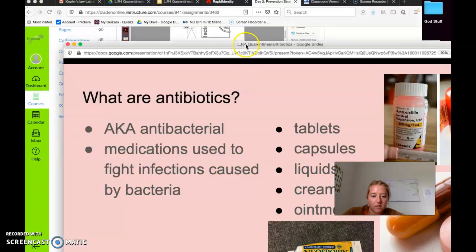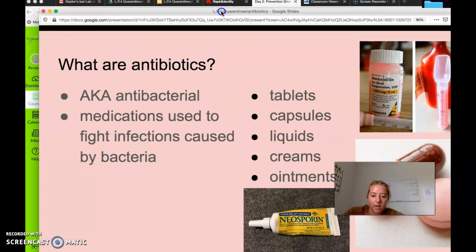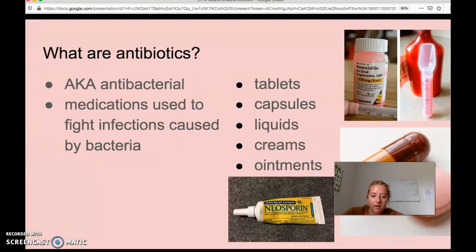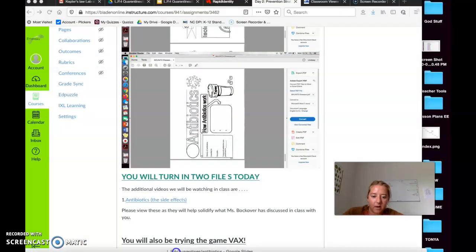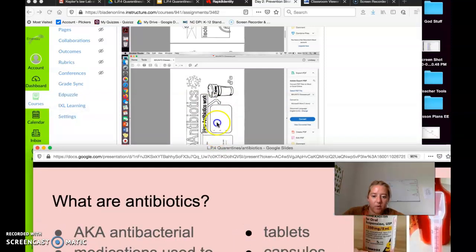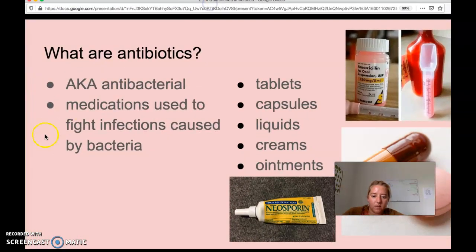They are a medication used to fight infections caused by bacteria. So you can write that down somewhere at the top of your notes: medications used to fight infections caused by bacteria. Antibiotics, as we learned, will not work on viruses because they only work on bacterial infections.